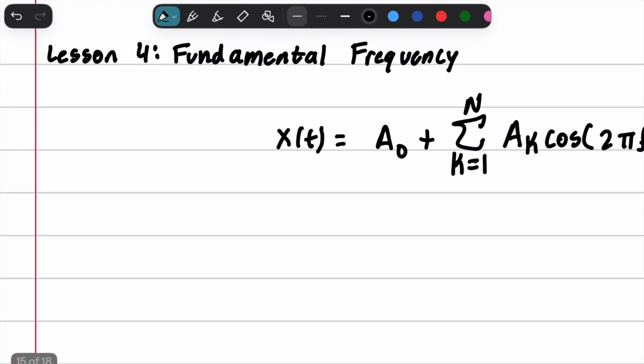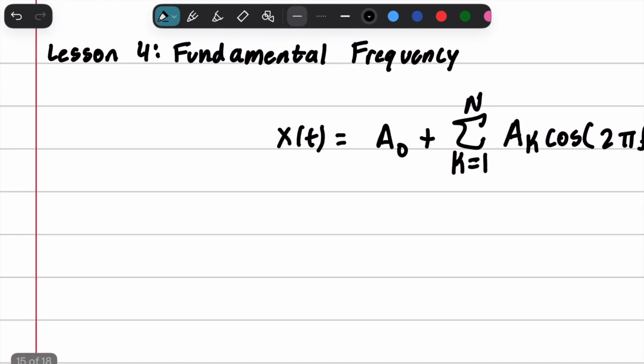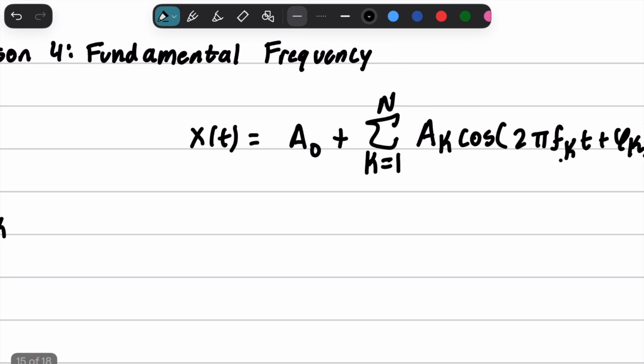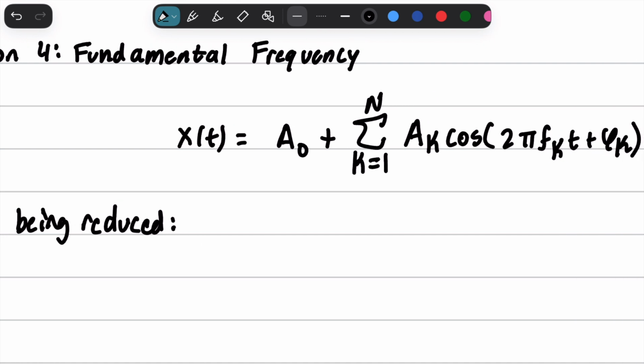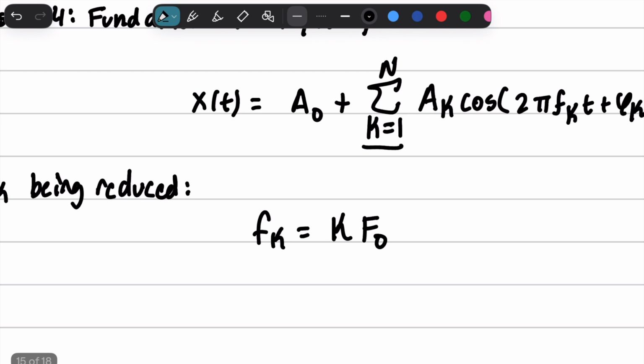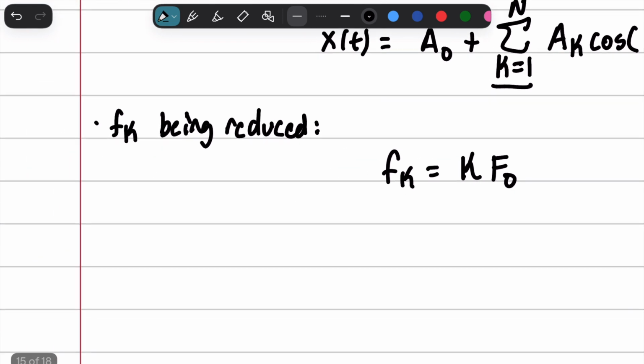But a fundamental frequency is where we have f sub k, this frequency right here, being reduced such that f sub k is equal to some k times some big F naught. And this F naught is the fundamental frequency.